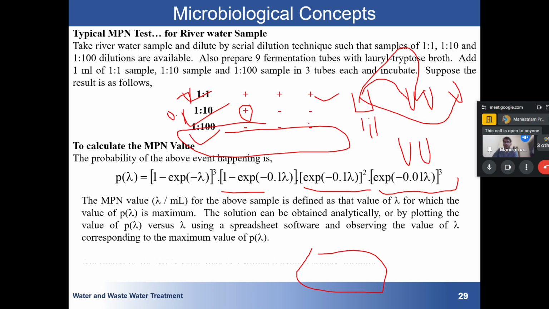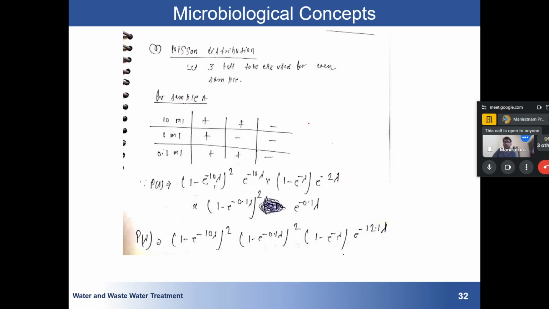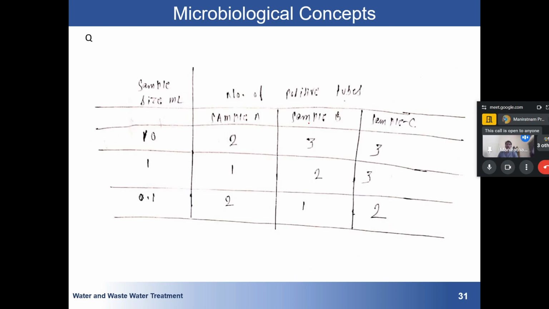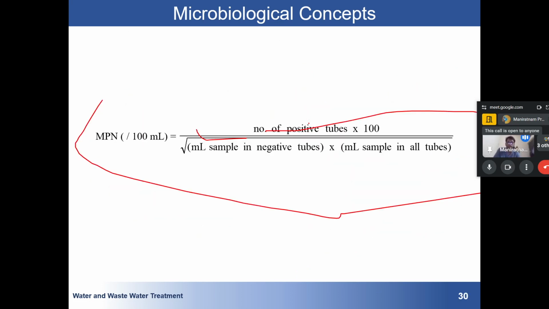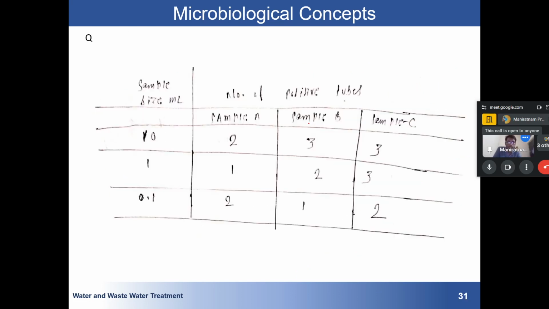So I was just giving one example. I am giving another example from my class notes, which I have solved and taken a photo of. Three samples were taken: sample A, sample B, sample C. Just forget these two samples, I will focus on sample A. Total three tubes were taken.